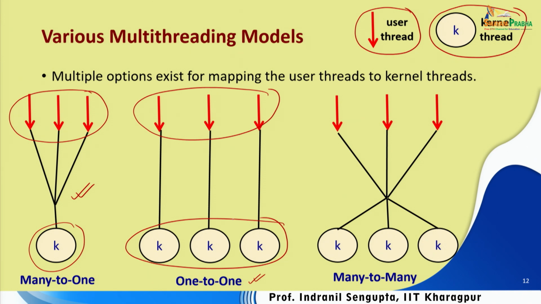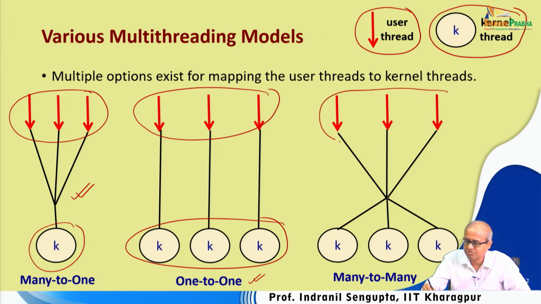And the other concept is that instead of giving this one to one responsibility, because in a system the number of user level threads can become very large, possibly the number of kernel level threads that are supported is not that large. So, you can separate these two out, like on one side you can have the user level threads, let us say m in number.